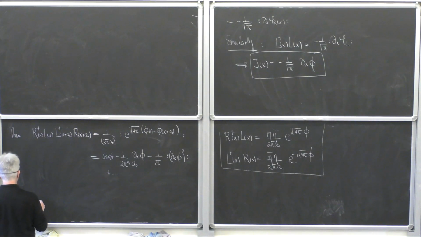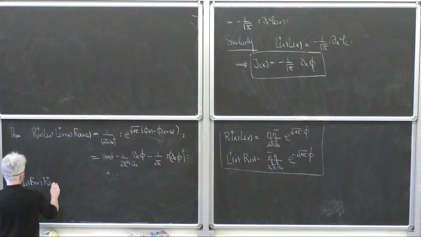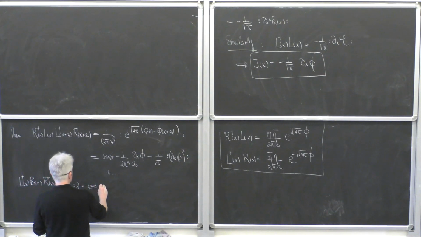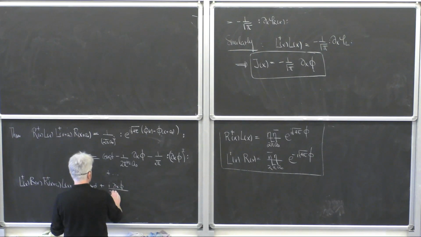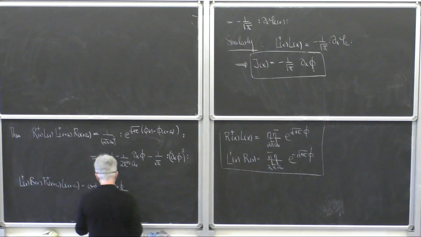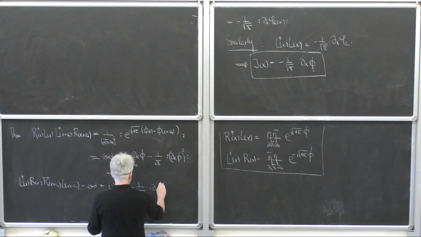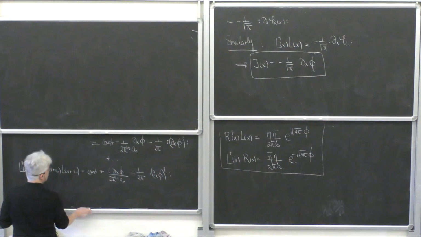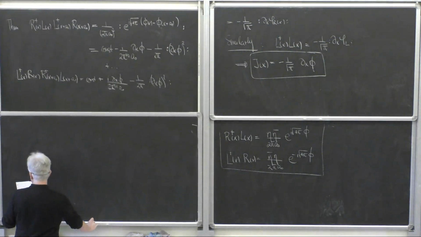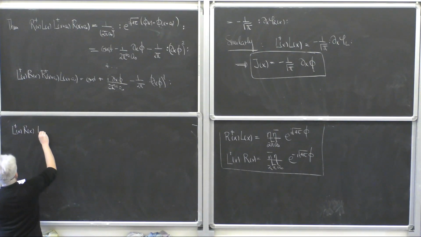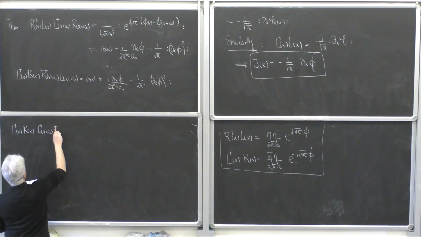Okay, and the others you can treat similarly. Left dagger of x, right of x, right dagger of x plus a naught, left of x plus a naught, so that becomes constant, plus i dx phi divided by 2 pi to the 3/2 a naught, minus 1 divided by 2 pi dx phi squared, and finally we have this left dagger of x, right of x, left dagger of x plus a naught, right of x plus a naught.